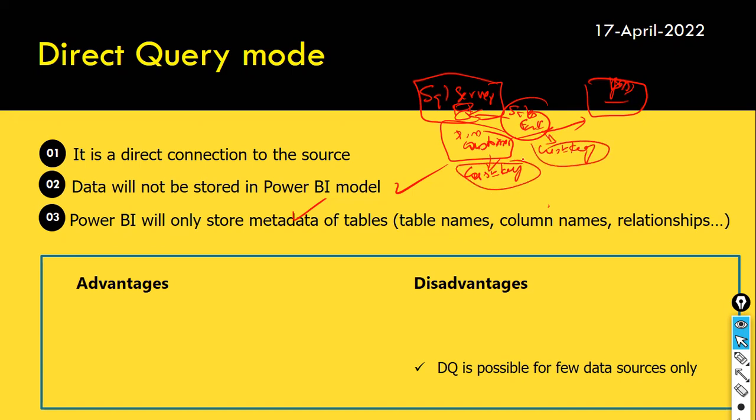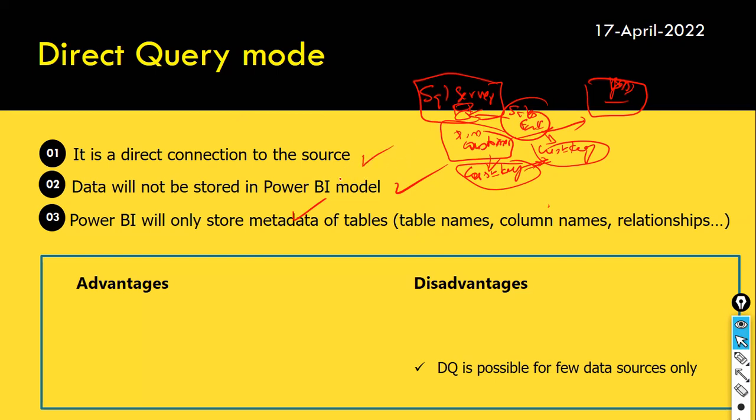So for these two tables the common column is customer key. Hence, the relationship will get created between these two tables using the customer key. Since direct connect mode imports the table name, column name and also the relationship, it will get imported.